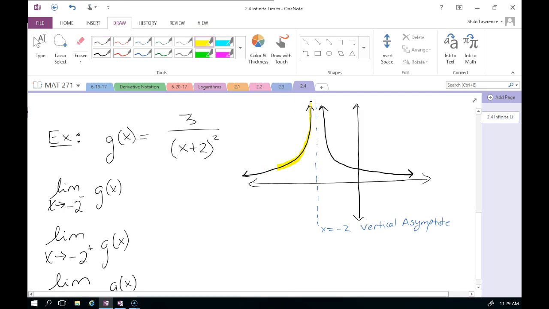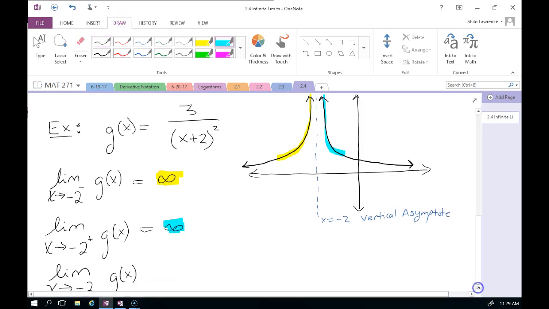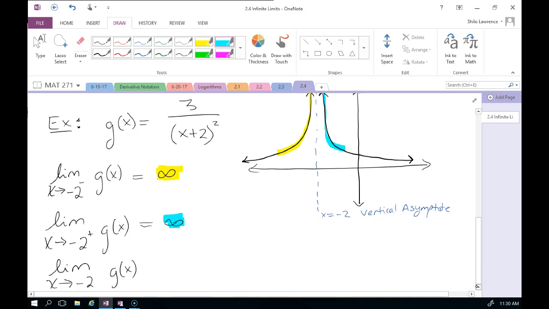It's going up to positive infinity. And then from the right, going up to positive infinity. And because both sides are doing the exact same thing, we can say that the actual limit as x approaches -2 is positive infinity.